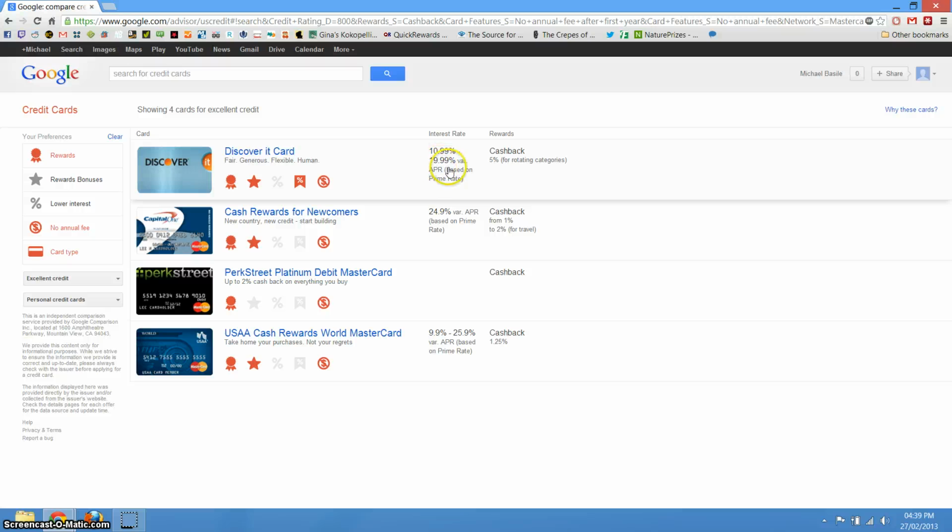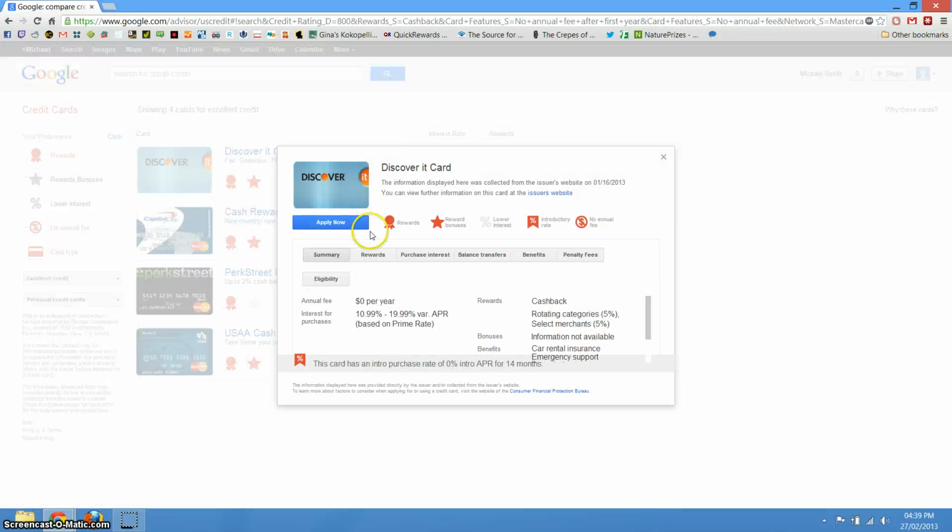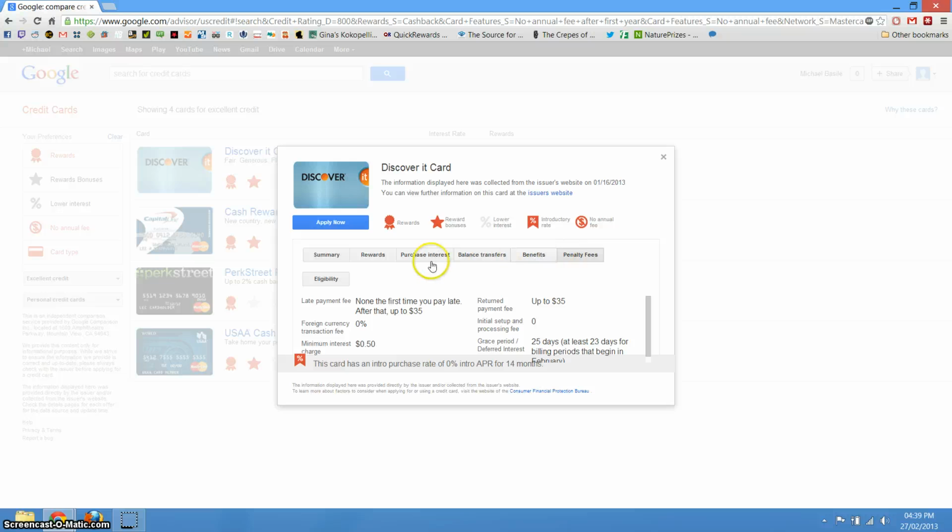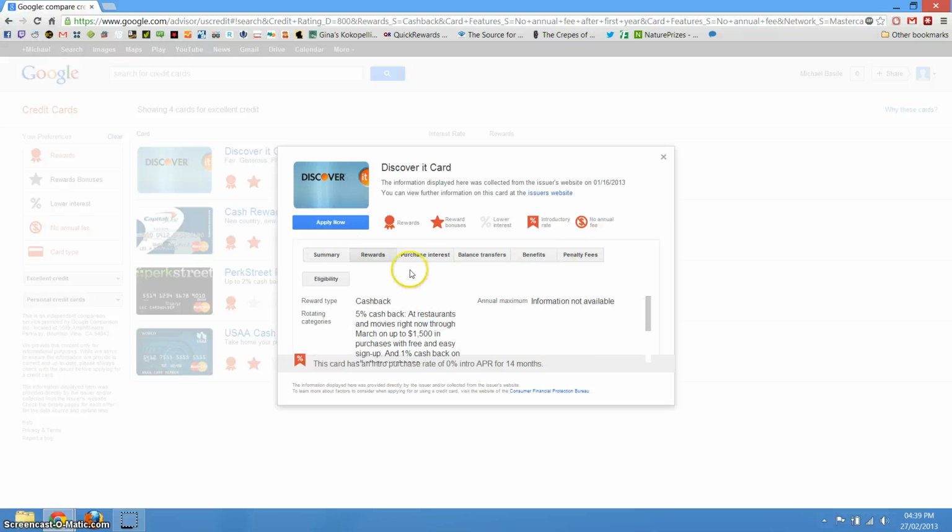Because right now this one doesn't even have an interest rate, and I have rewards, and it's not all the information I need, so I have to click through and look at the information, and that's kind of annoying.